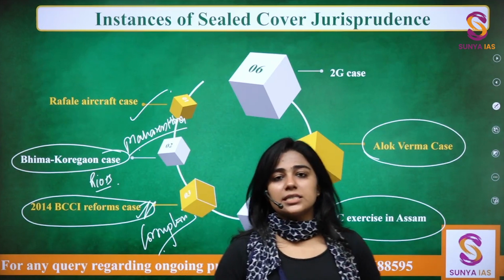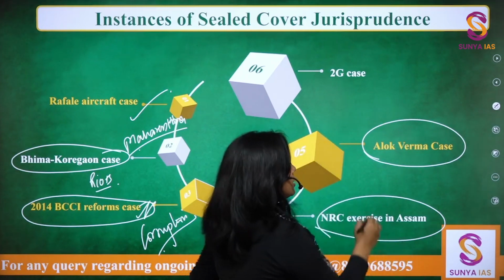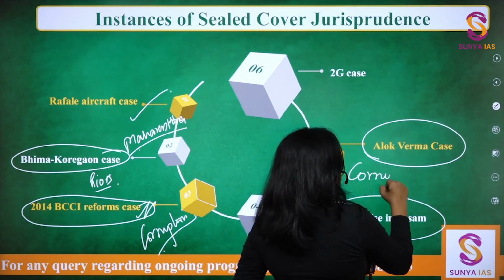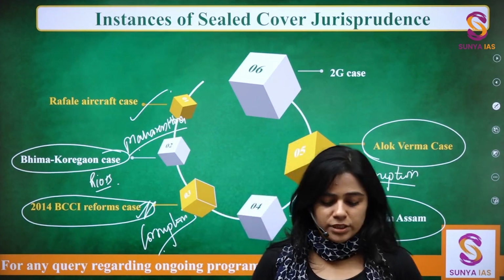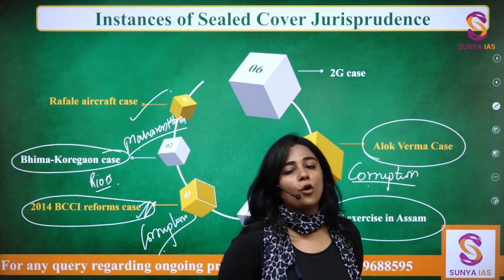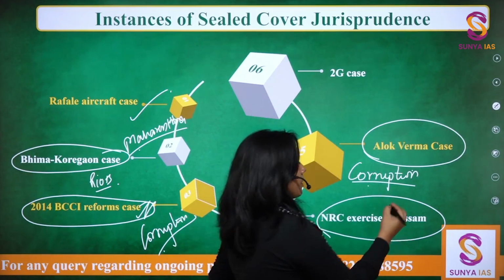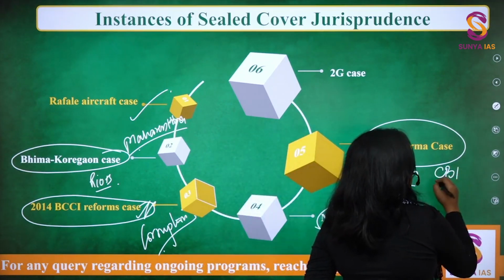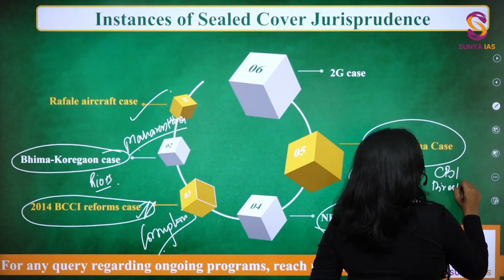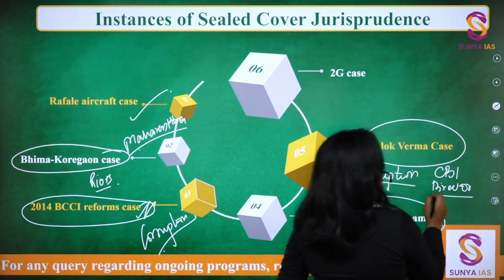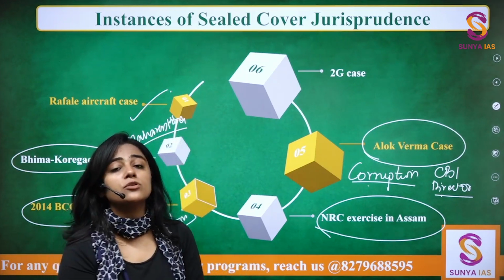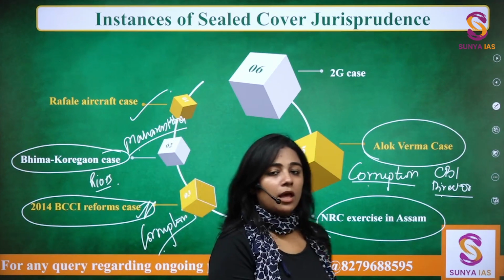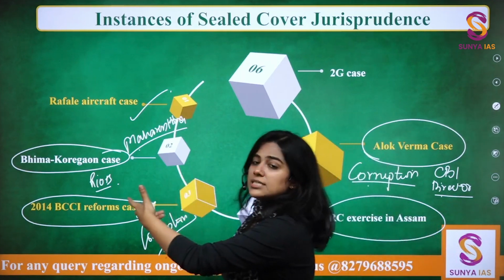The Alok Verma case is related to the corruption allegations against this particular officer, Alok Verma, who was a former CBI director. So see, the purpose here again is that the faith in organizations like CBI should not reduce because of one person. Okay.